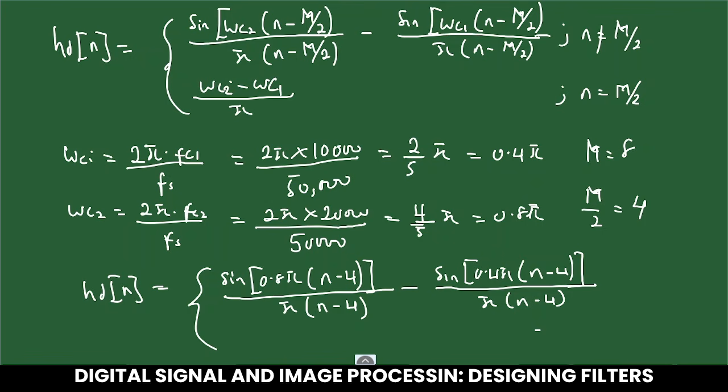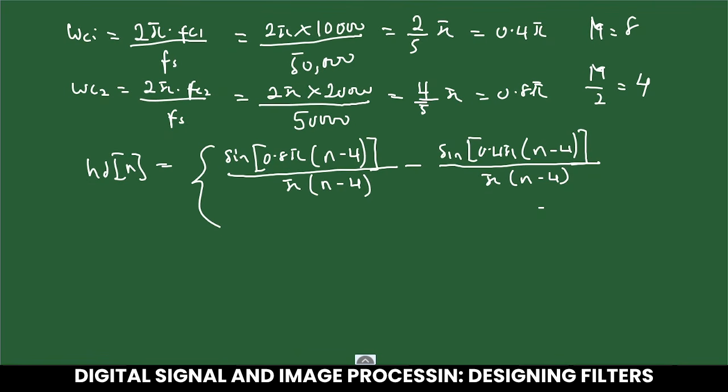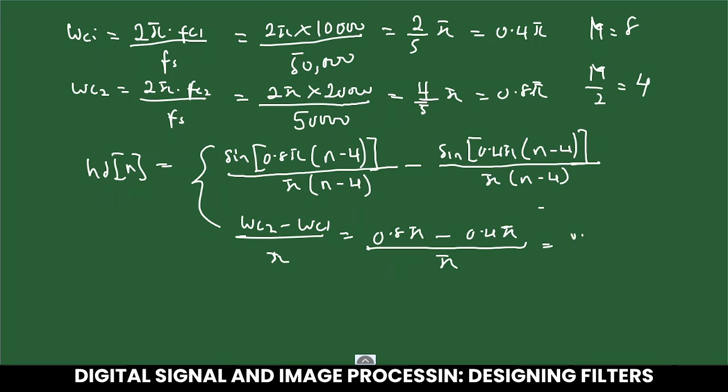So WC2 minus WC1 all over pi. And we know our WC2 to be 0.8 pi minus 0.4 pi all over pi. So 0.8 minus 0.4 gives us 0.4 pi all over pi. So pi will cancel pi, then we have 0.4.